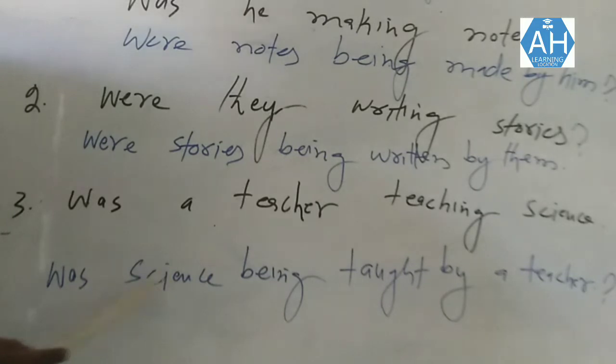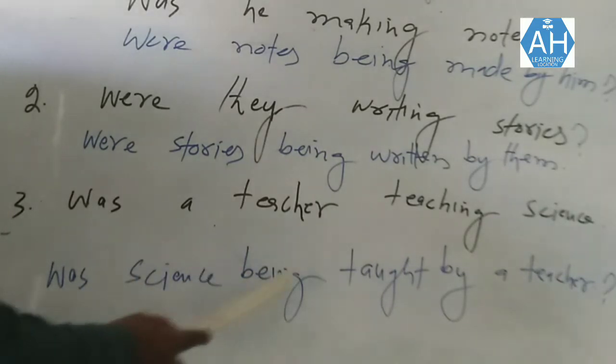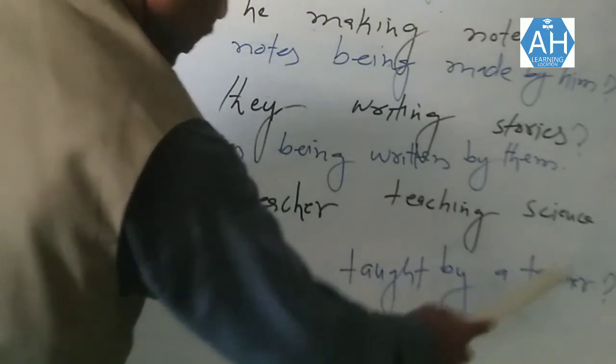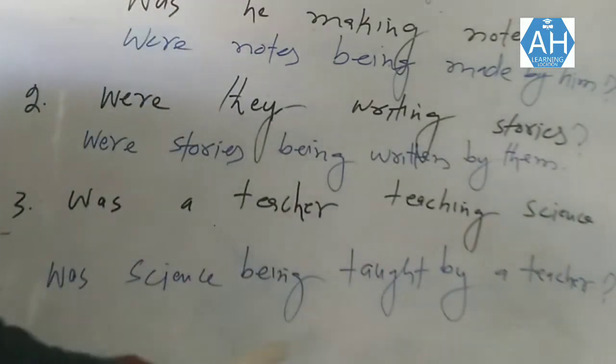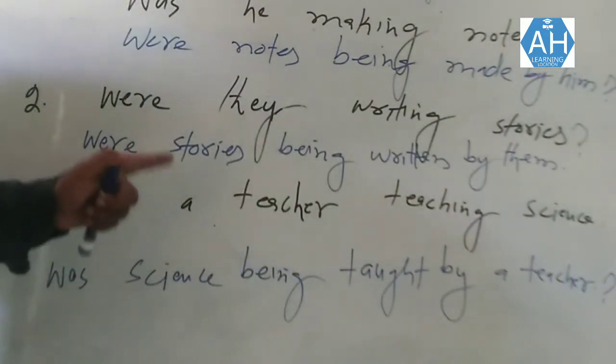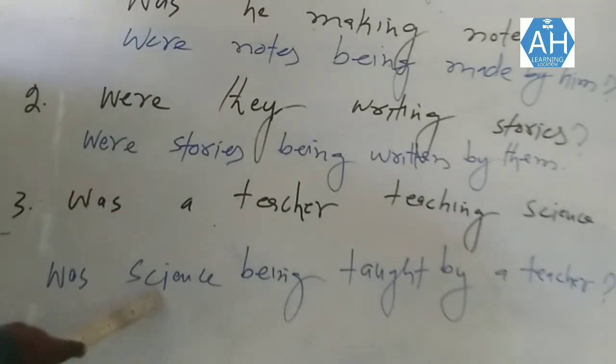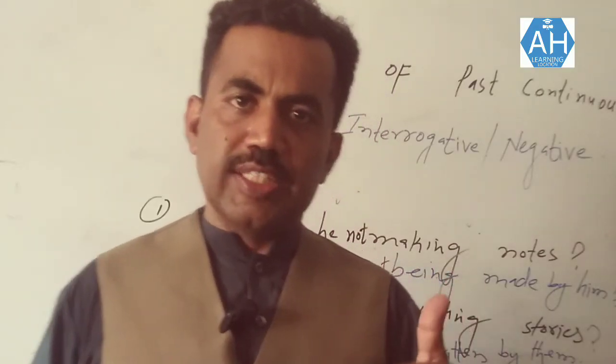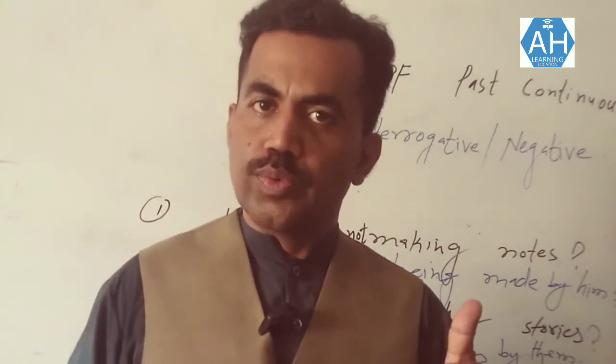By the teacher is the agent. Taught is the third form of the verb. Being is the mark of passive voice continuous tense. Was is at the beginning because this is an interrogative sentence. Is it clear? Now let us change interrogative negative sentences into passive form.